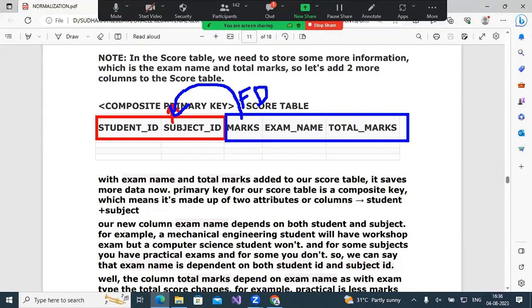Maths 1, Maths 2, Paper 1, Paper 2. So the total marks of 2 examinations will be added, then they will give a final total marks. Paper 1 is 50, Paper 2 is 50. Then what is your mathematics total marks? 100. Out of 100, what you obtained, that is your marks.